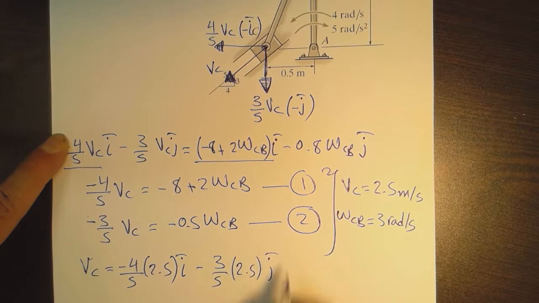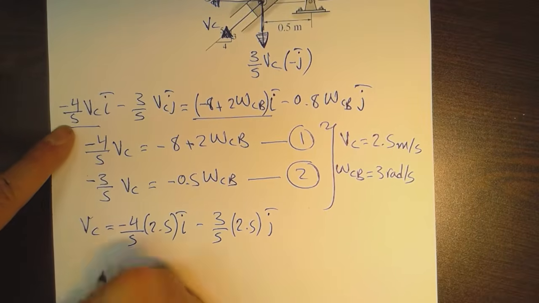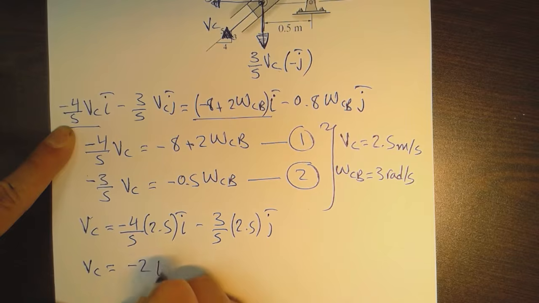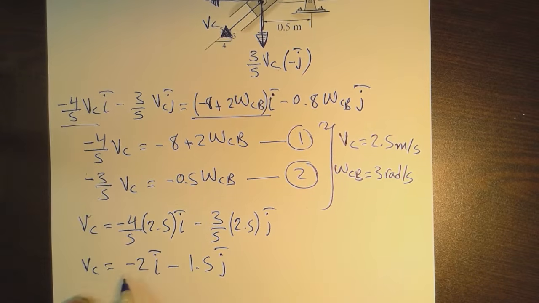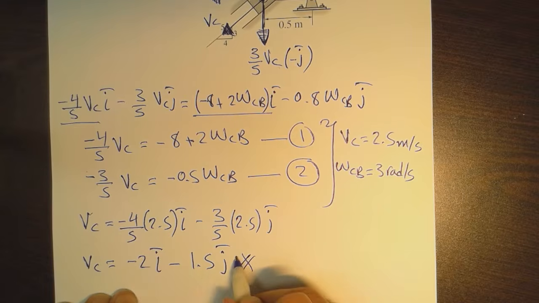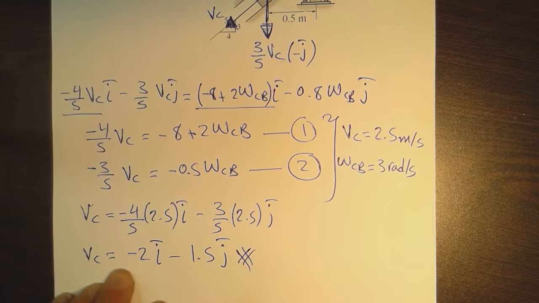Simplifying this further would yield minus 2i minus 1.5j. So this term describes the velocity of the slider, and that's what we need. We now fulfilled the first requirement of the question.